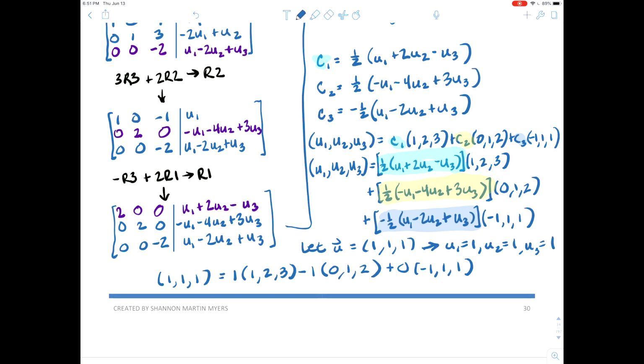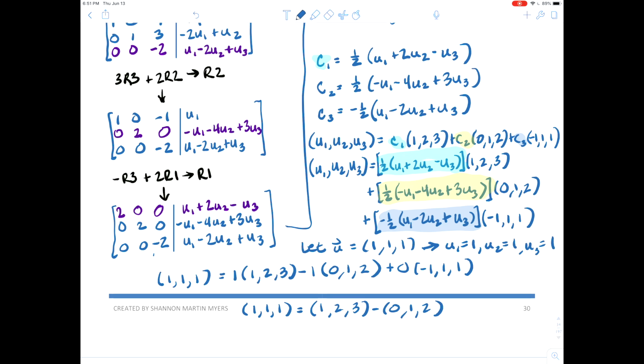And then the third component, 3 minus 2 is 1, plus 0 is 1. So that checks out. So really, if we wanted to, we would say just 1, 1, 1 is equal to 1, 2, 3 minus 0, 1, 2. And since that other vector is zeroed out, we don't need to represent it here.